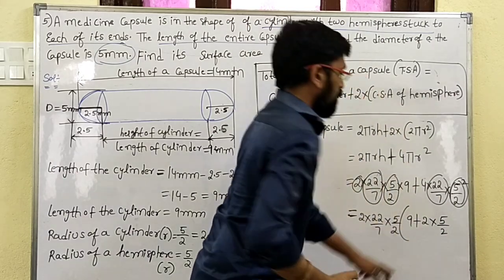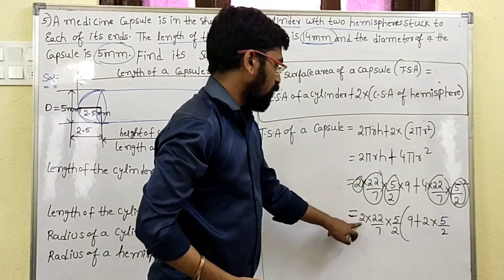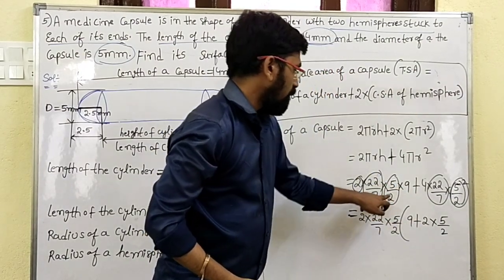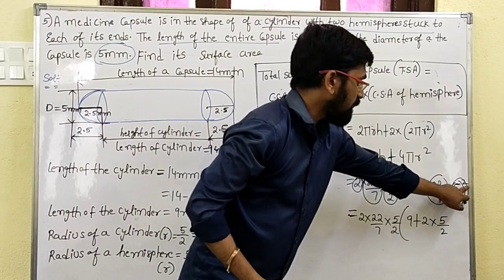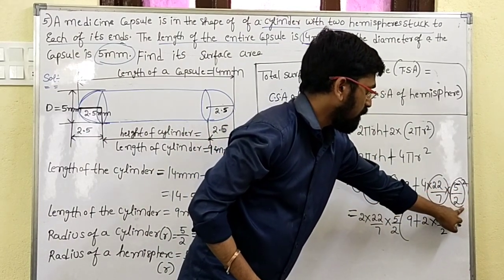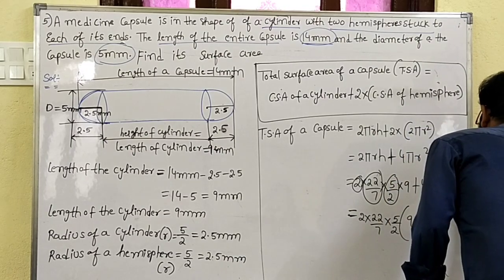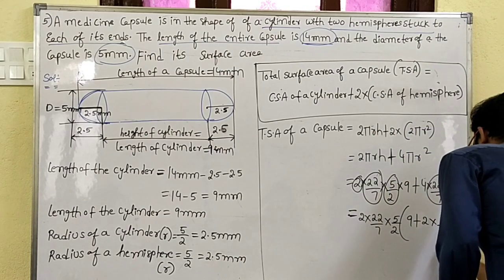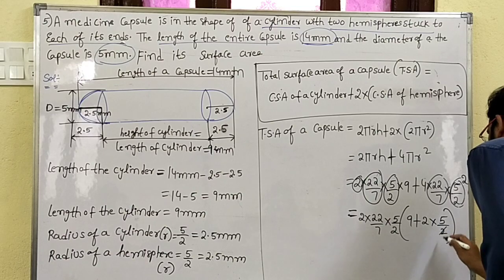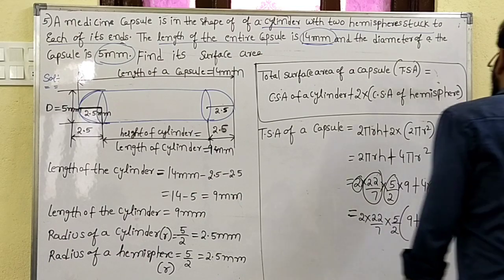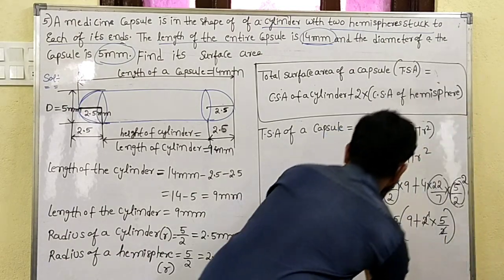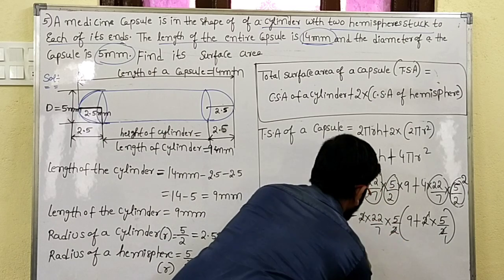Why? Because of the 4. Now if you take 2 common out of 4, and one 5 by 2 I am taking out, since a square is there, only one 5 by 2 will remain inside. Then the 2s get cancelled.